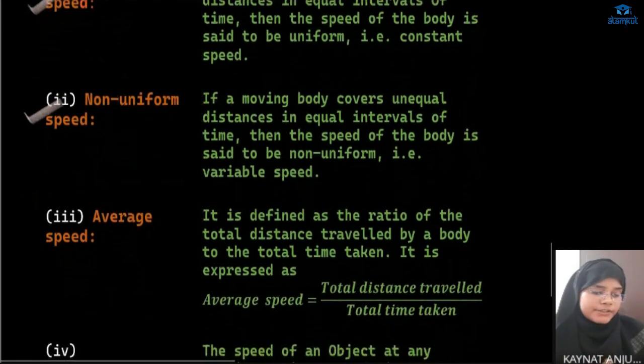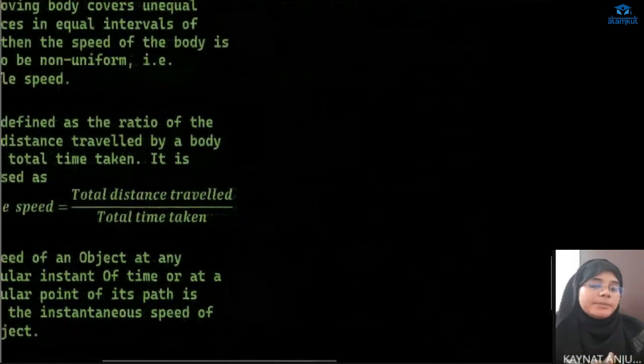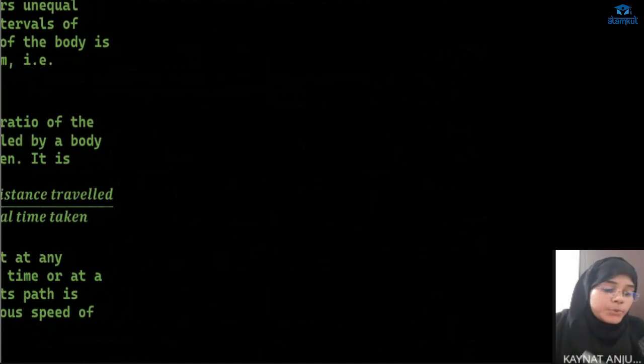Now the third one is average speed, and the fourth one is instantaneous speed. Average speed will be taken as total distance upon total time.